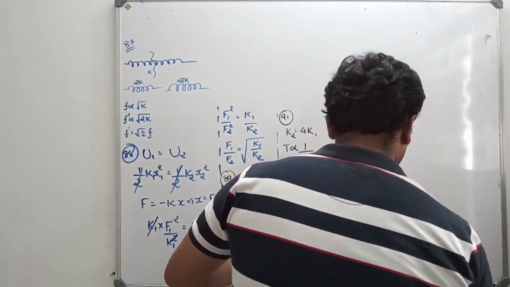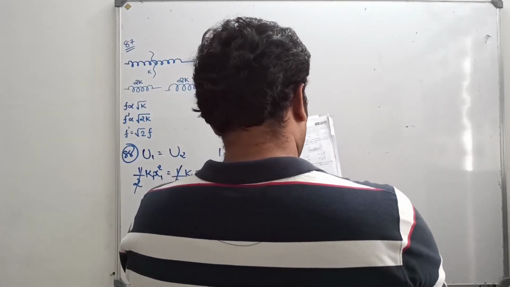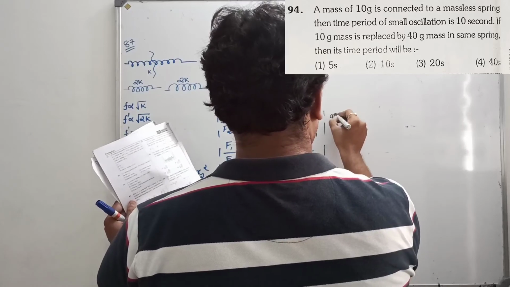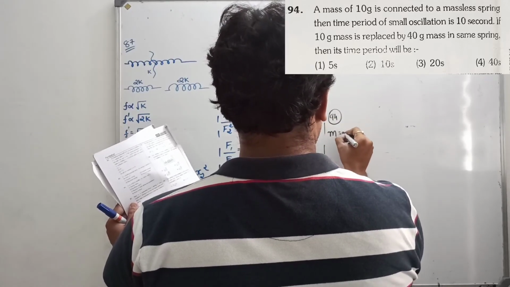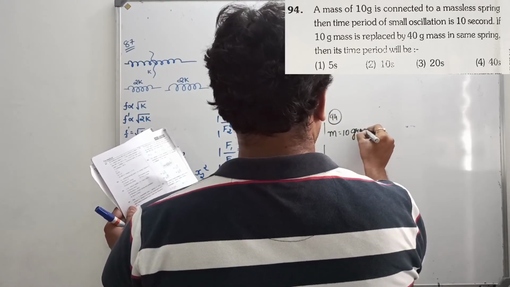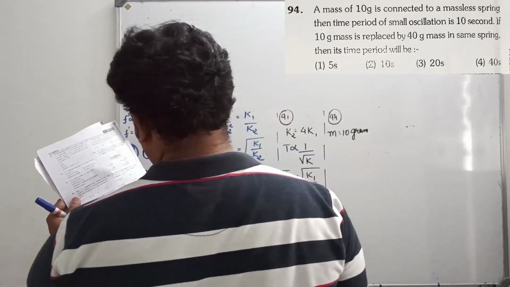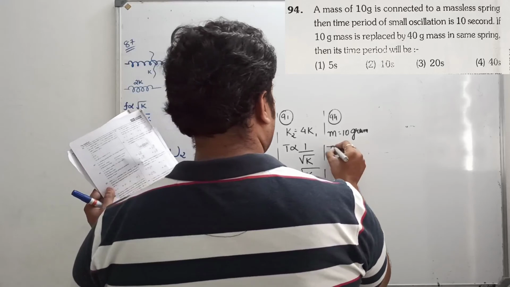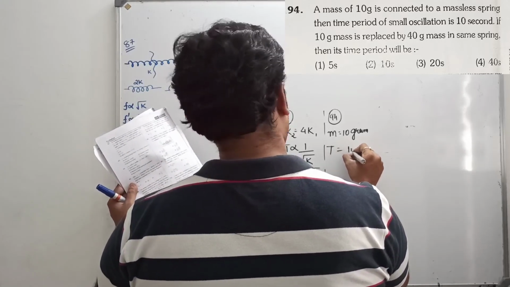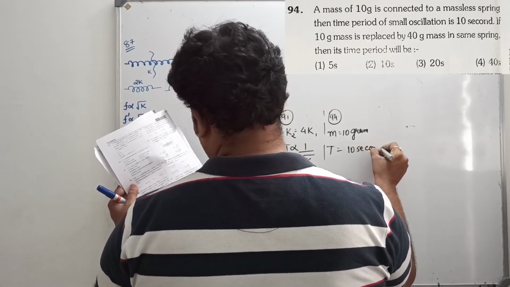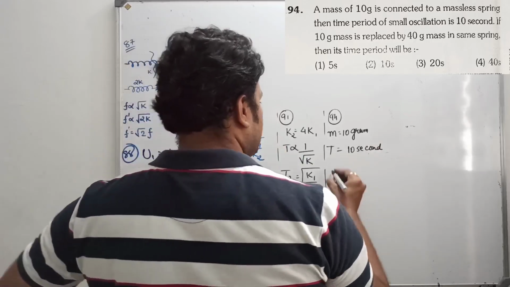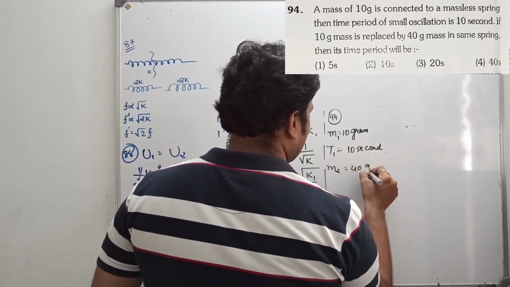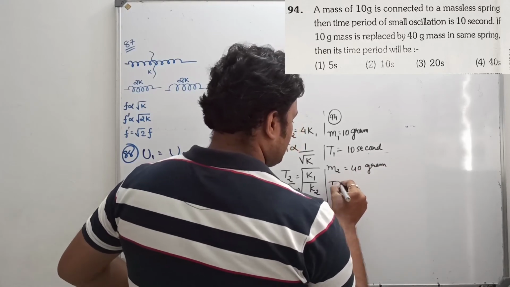તો 94 શું કહે છે આપણને? A mass of 10 gram, M is equal to 10 gram, connected to a massless spring, the time period of oscillation T is equal to 10 seconds. If the mass 10 gram is replaced by M2 is equal to 40 gram, then T2 is equal to what?